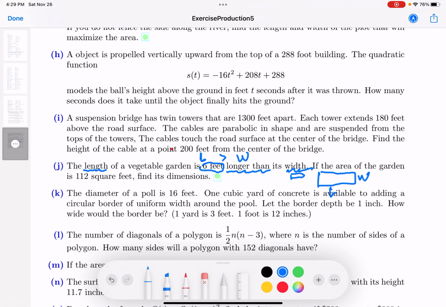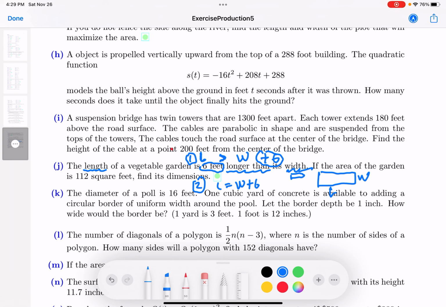So you want to have this inequality first. The second one, then you know you have L equals W plus 6, because you add 6 on the smaller side, you will get the longer side.